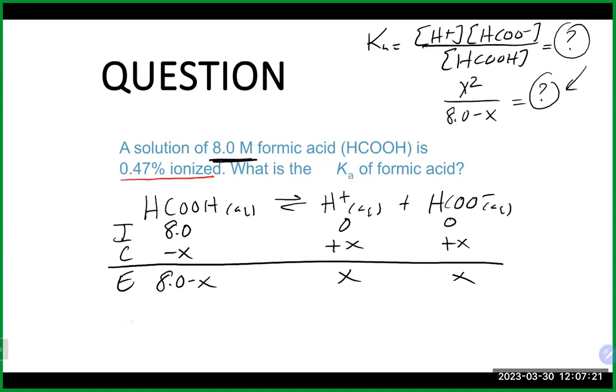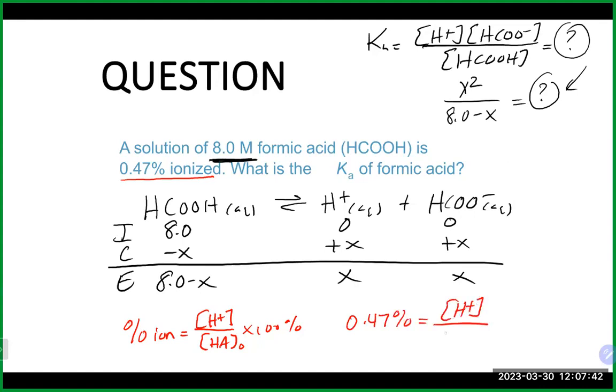As we just saw on the previous slide, percent ionization is equal to the H plus concentration divided by the initial concentration of the acid times 100%. In this case, we have the percent ionization at 0.47% equals the H plus concentration over 8 times 100%.